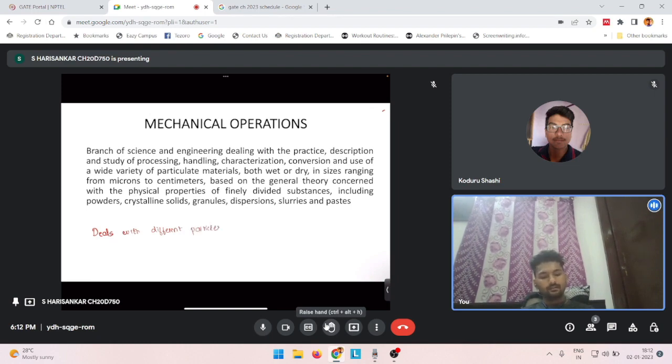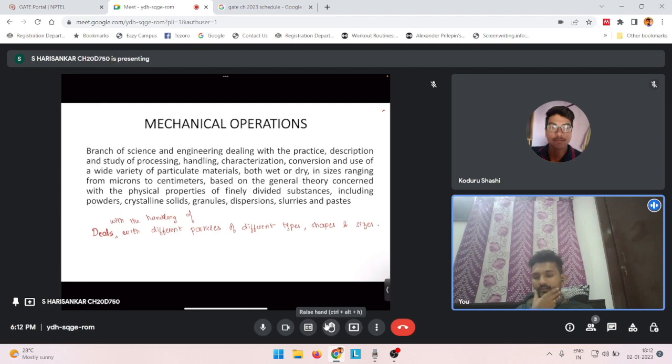These particles can be of different types, and of different shapes and sizes as well. So basically, this is the more compact or brief definition of mechanical operations. It deals with the handling of different particles of different types, shapes, and sizes.